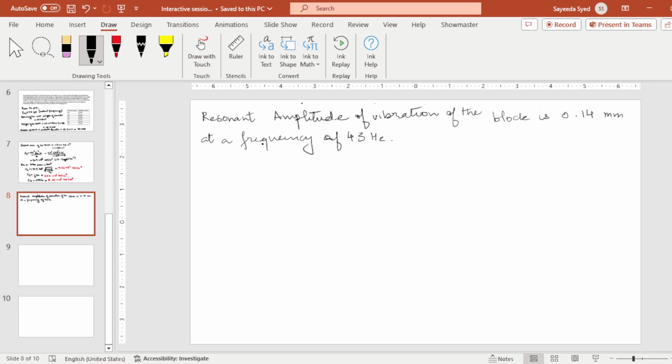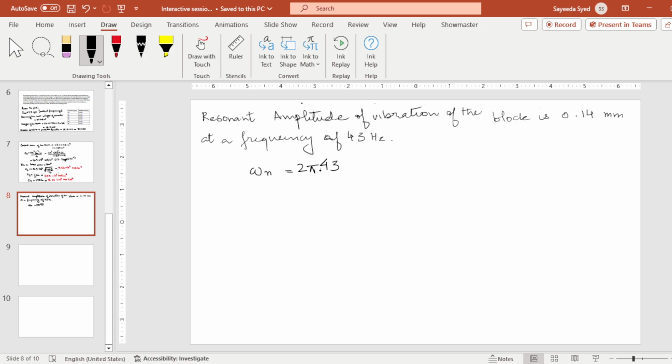Now we know that our natural frequency, our angular frequency, equals 2 pi times natural frequency. So we will have 86 pi radians per second, and our weight, which is mg, is 22 kilonewton.